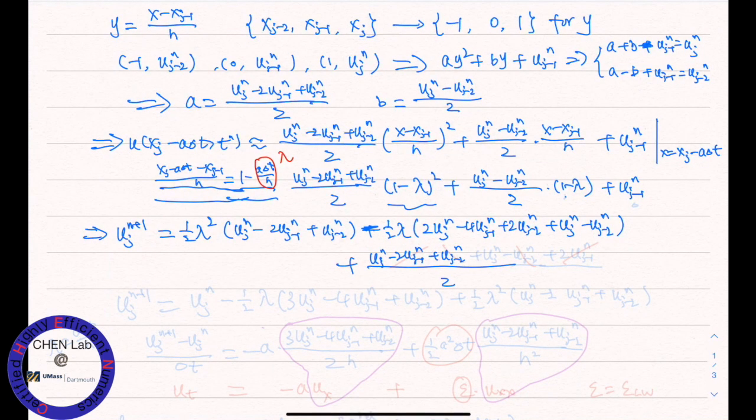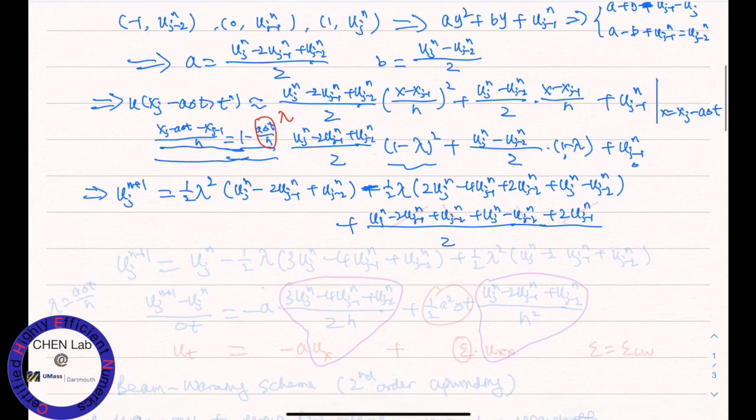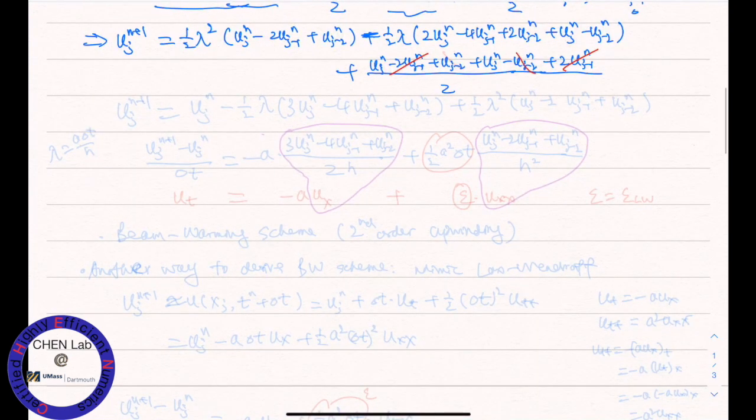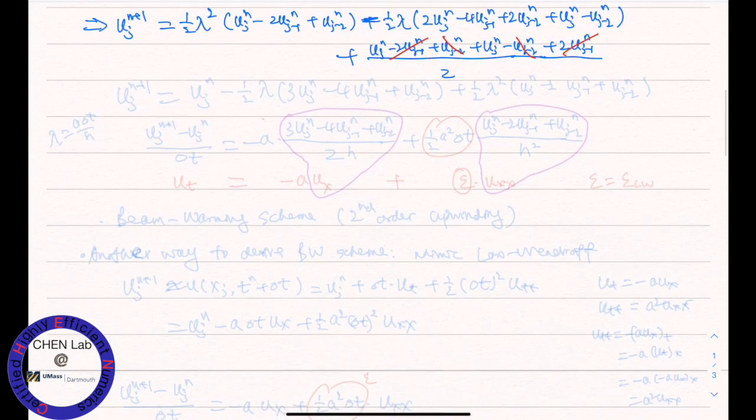Plus the 1 here, so you have plus u_j^n minus u_{j-2}^n plus a constant term there, so you have plus 2 u_{j-1}^n, alright? So we see that minus 2 plus 2 cancel, and then u_{j-2}, u_{j-2} cancel. Okay? And we get 2 u_j^n left. We divide by 2, you get u_j^n. So that's nice. That's like the forward Euler term.